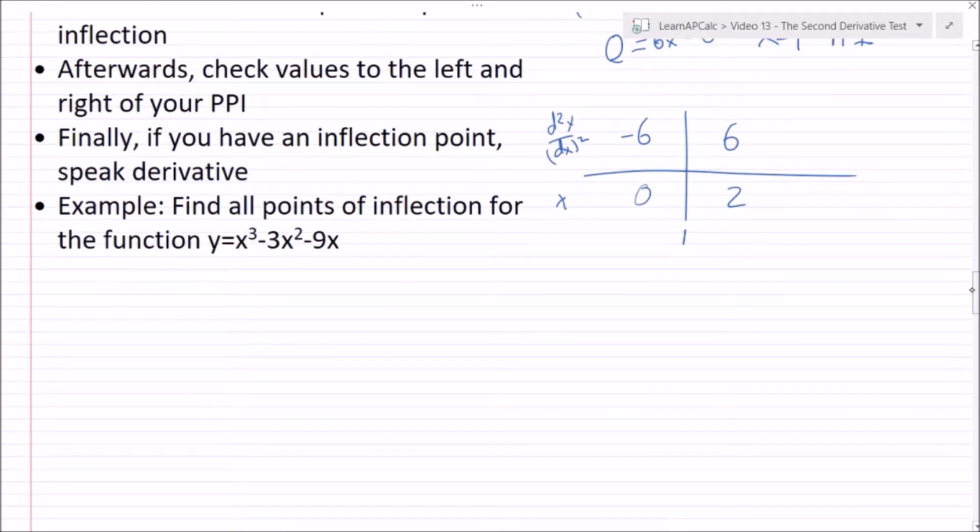So now we have to speak derivative. Since d squared y dx squared equals 0 at x equals 1, x equals 1 is a possible point of inflection.